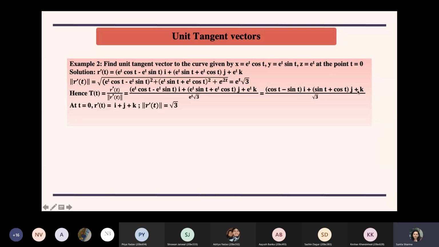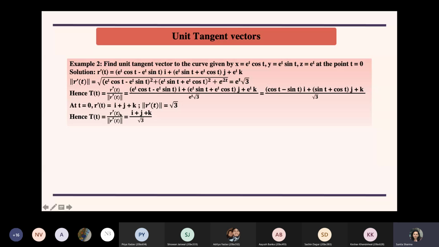And along with k, you have no term in t, so it is just k, and norm of r dash. So from this, put t equals 0 here, so you get the norm as root 3. So that is your unit tangent vector, r dash t divided by norm of r dash. Is it fine with everyone?